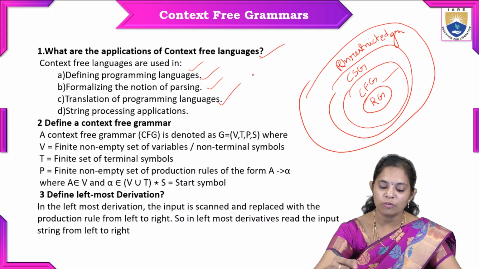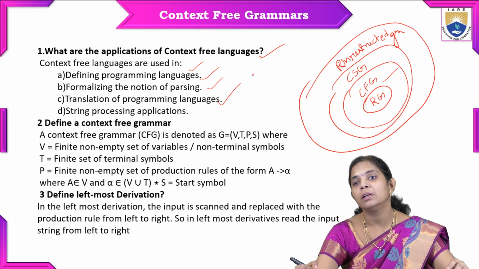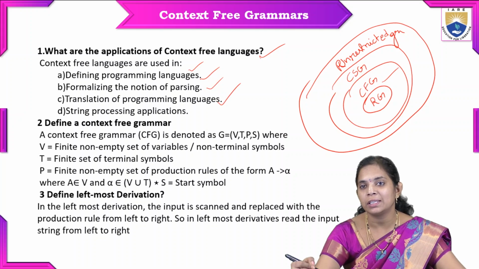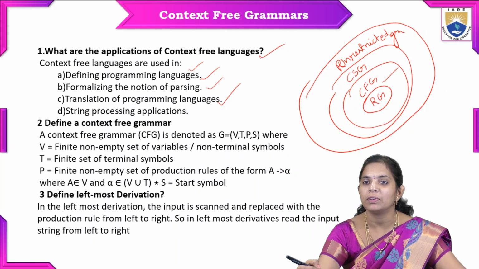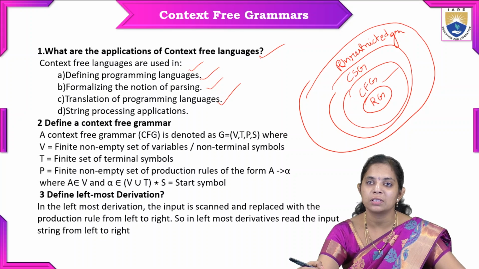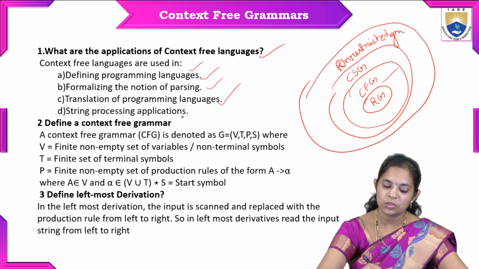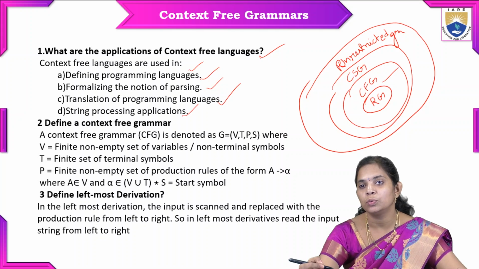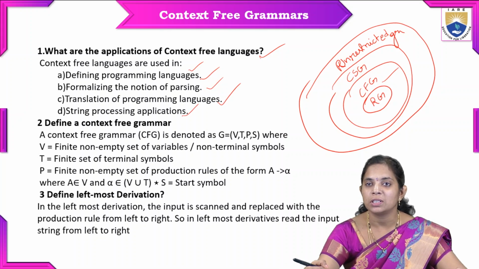And translation of programming languages. Here in translation, we can translate from one language to another language. In that application, we use context-free languages. And string processing and pattern matching, to check whether the string is in the pattern.